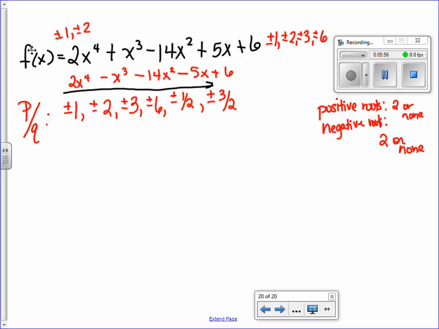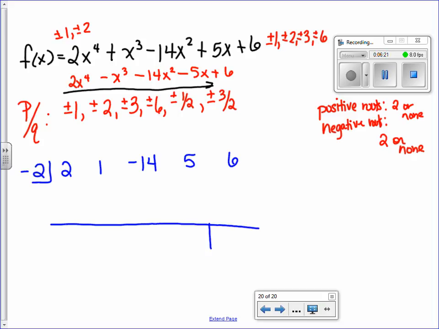Alright, so since we're not going to do upper and lower bounds, let's pick a number. What number do you want to use first? Negative 2, okay. I'm using negative 2. Bring down a 2.